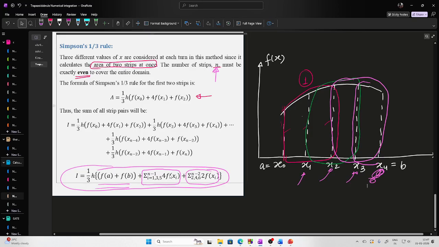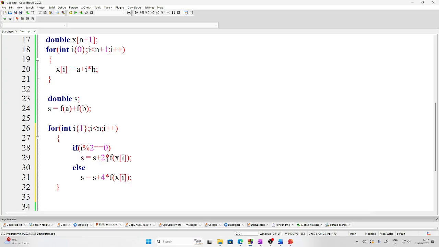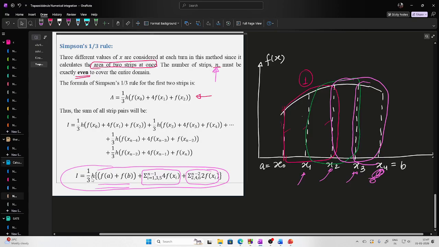So you look here again, if I is even, then 2 is multiplied, and if I is odd, then 4 is multiplied, and that is what we have written here. And then outside, we are not multiplying h by 2, instead we are multiplying by h by 3. Again, look, h by 3.